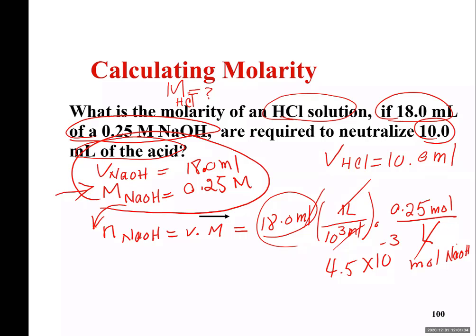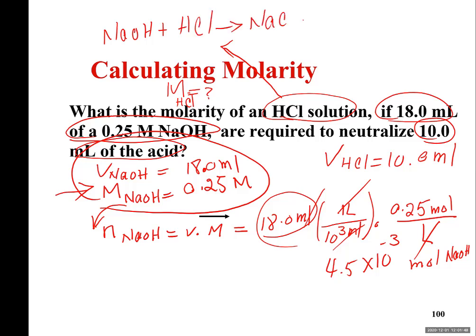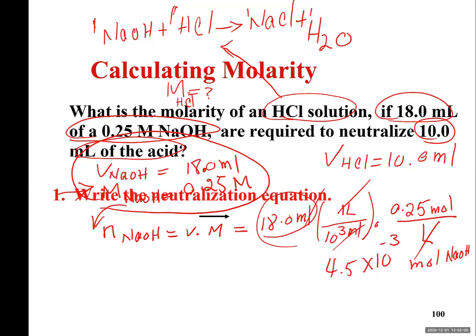Now, you saw the reaction. You have to write an equation to relate the number of moles. Did we say NaOH reacts 1-to-1 with HCl to give you NaCl and water? So the ratio is 1-to-1. 1 mole, 1 mole, 1 mole, 1 mole. That means the number of moles of these two are equal to each other.